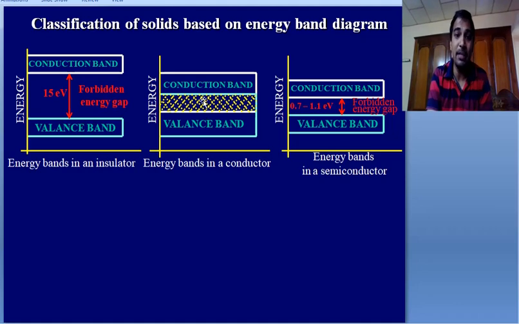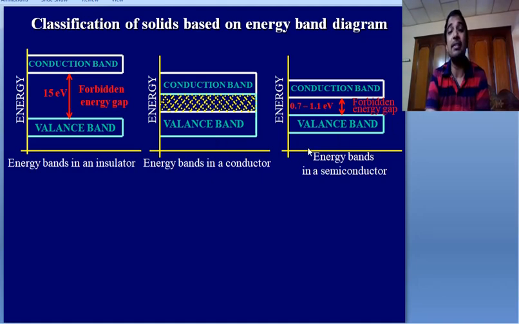So they move randomly, but inside, the net current is equal to 0. Whatever electron is going there will come back. Like this, in all random directions, the net current of the material is 0. So in conductors, the valence band and conduction band almost overlap. The energy required to make electricity pass is very minimal compared to insulators.